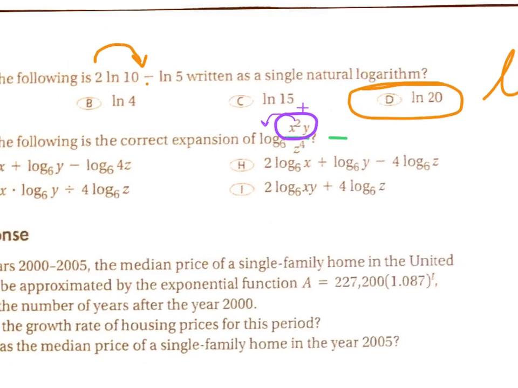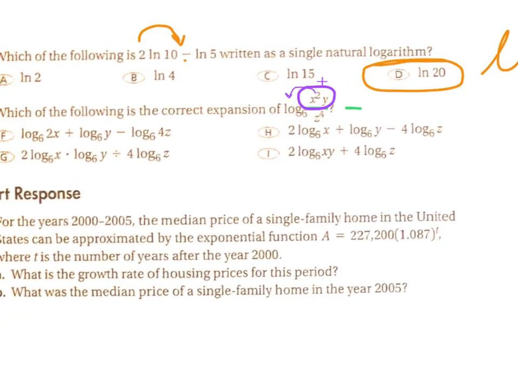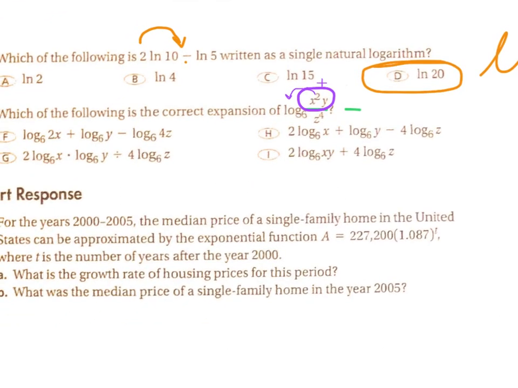So it's going to be 2 log base 6 x plus log base 6 y, and then minus, and then this 4 is going to move out in front, so 4 log base 6 z. So that would be this guy right here. Okay.